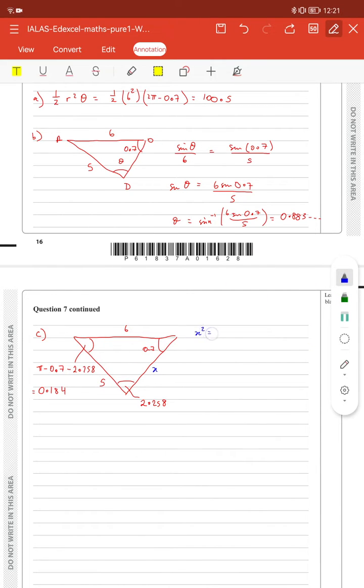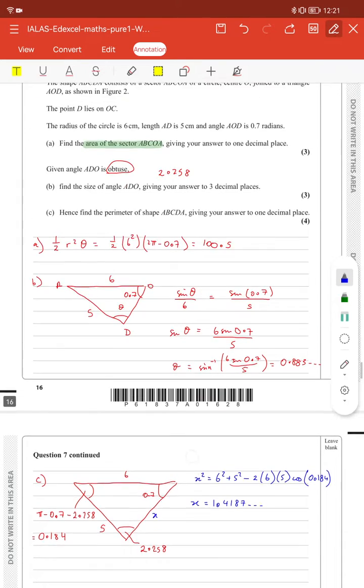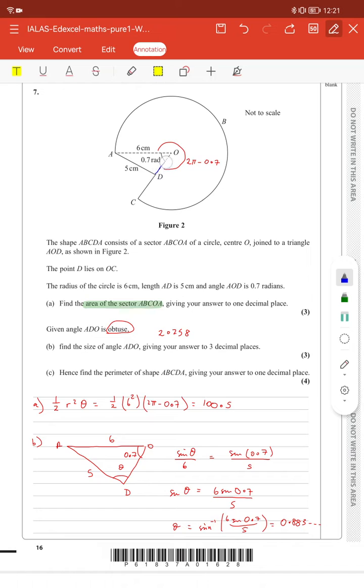So we know x squared is equal to 6 squared plus 5 squared minus 2 times 6 times 5 cos 0.184. And then if we square root all of that, we would get the square root of 6 squared plus 5 squared minus 2 times 6 times 5 cos 0.184, which leaves us with x equaling 1.4187..., which would be the length DO.